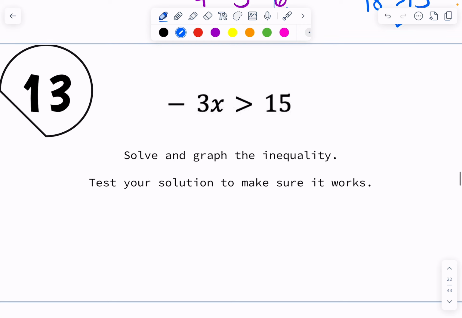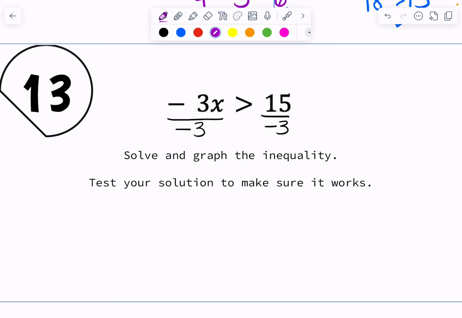Now we're going to do that same inequality, but this time we're dividing by a -3. So -3x is greater than 15. So x is being multiplied by -3. So to undo multiplying by -3, I'm going to divide by -3. On our previous examples, when I multiplied or divided by a negative number on both sides, that's when I had to flip the inequality symbol to be true.